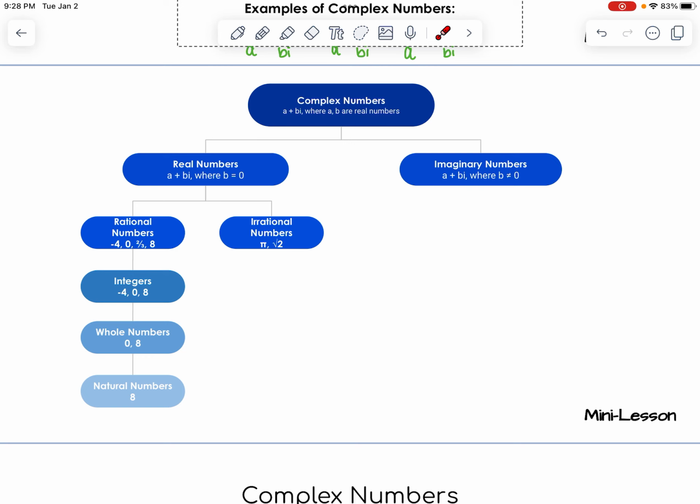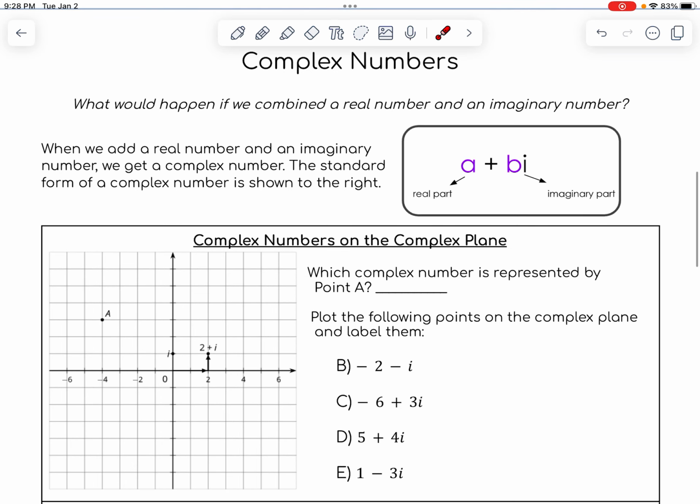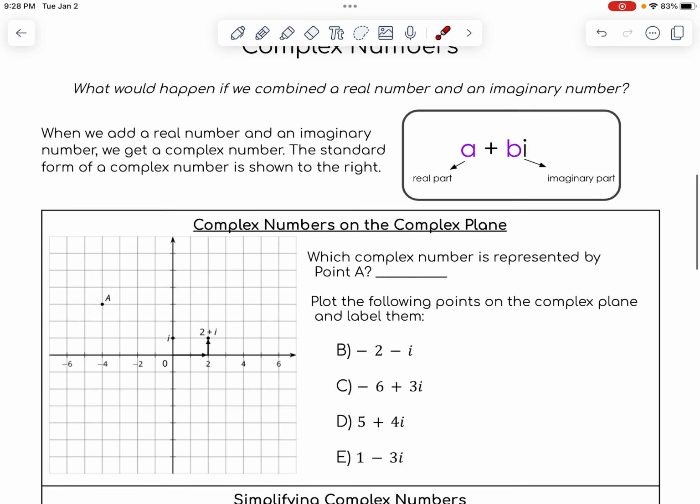But we're going to start to move into complex and imaginary. So again, a complex number in standard form is where we have a real part plus an imaginary part. When we combine the real and imaginary together, we get a complex number. And proper standard form is real first, then imaginary.